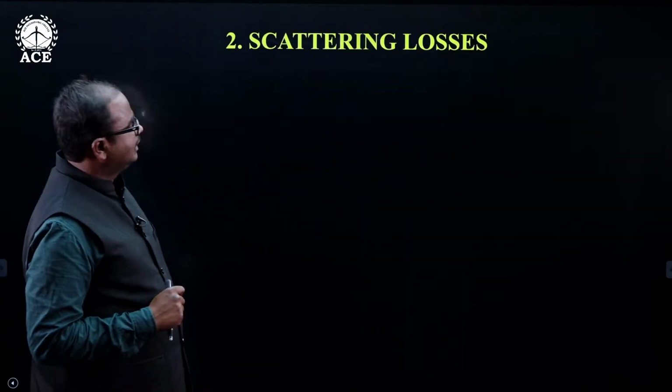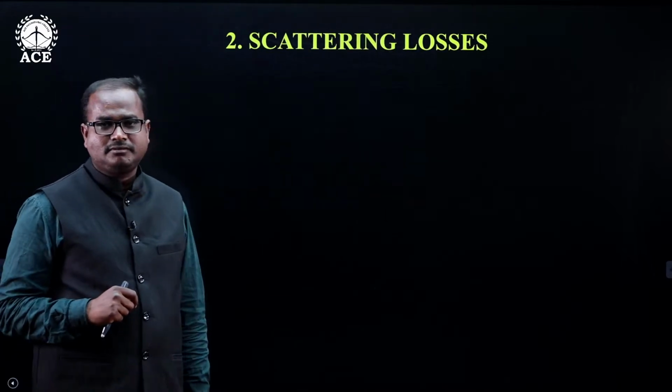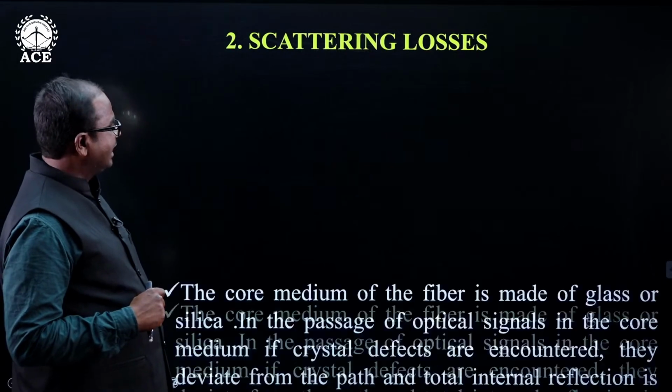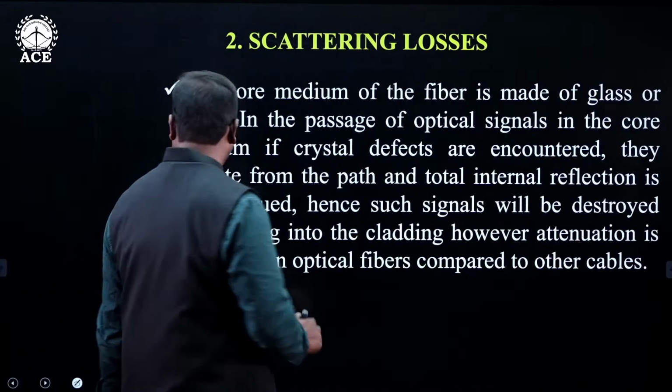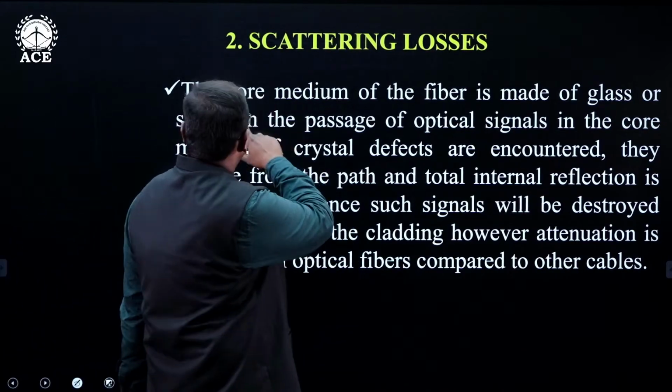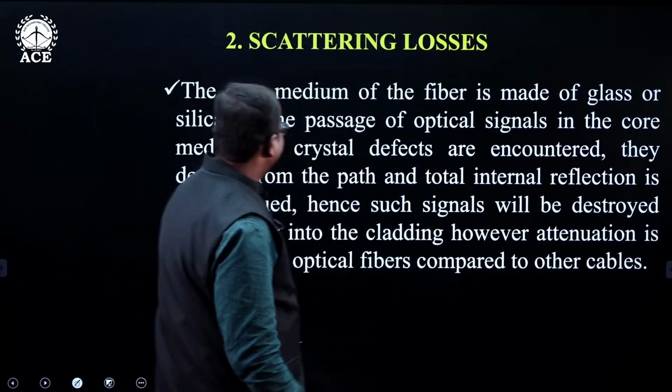The next one is scattering losses. So scattering losses, what happens? In scattering losses, the core medium of the fiber is made of glass or silica.